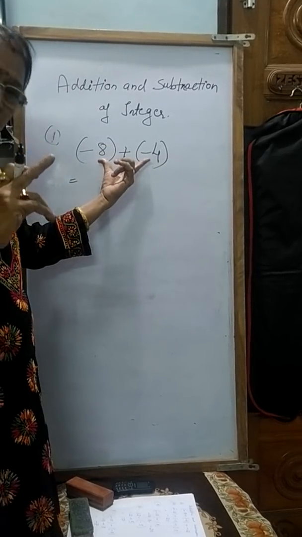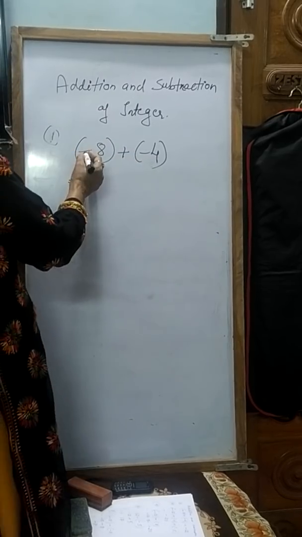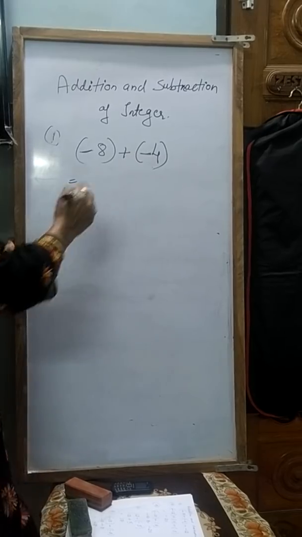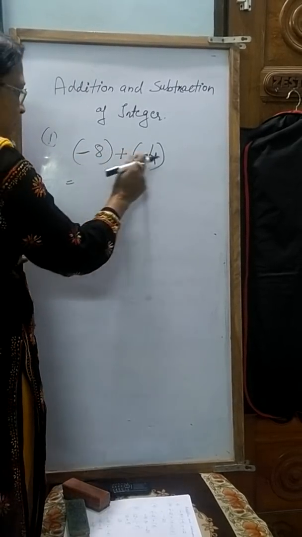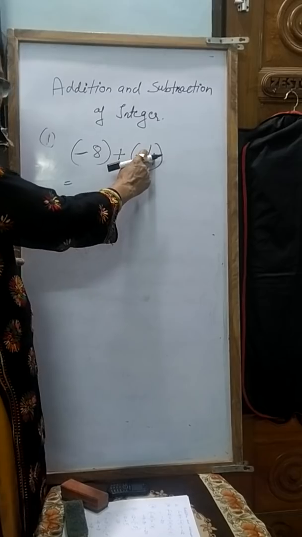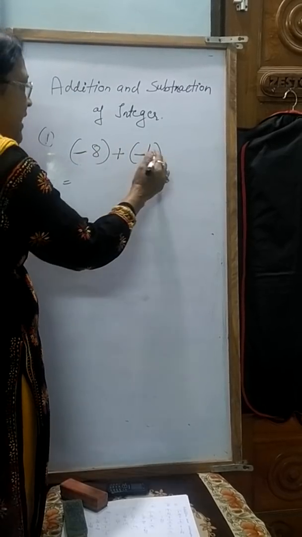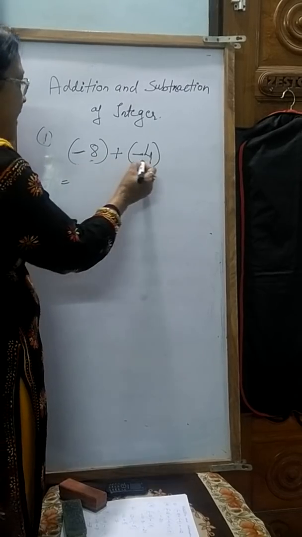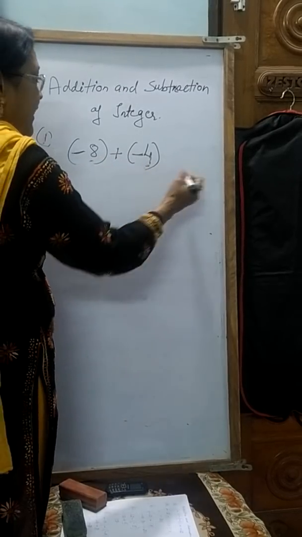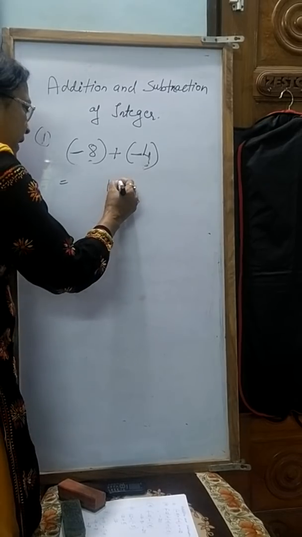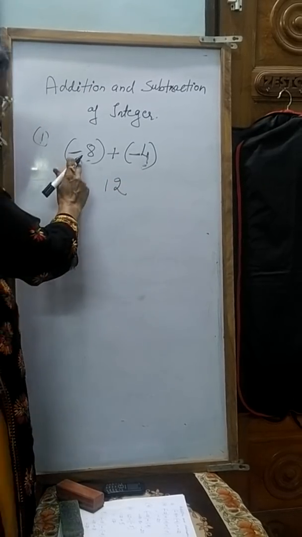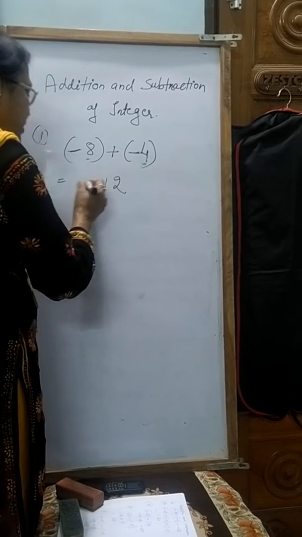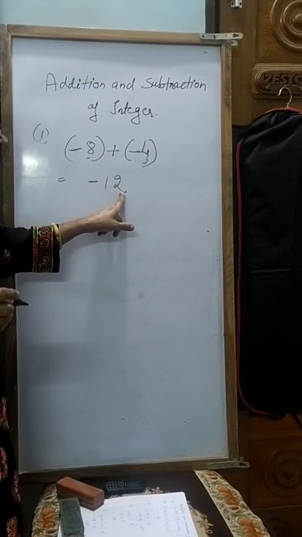If both the integers are negative, then here minus 8 and minus 4, the addition of 8 and 4 is 12, so minus 8 plus minus 4 is equal to minus 12.